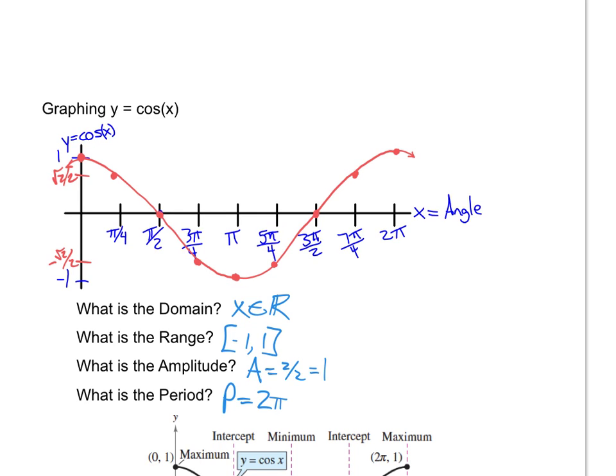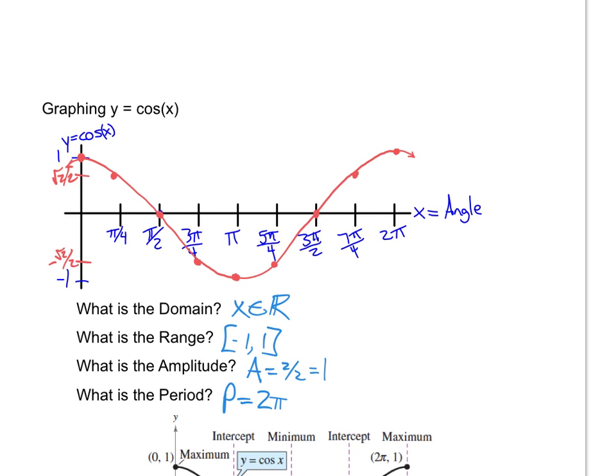So all of these are exactly the same as sine. And again, that goes back to sine and cosine being the same thing but shifted over pi over 2.